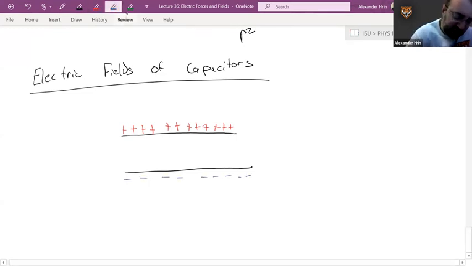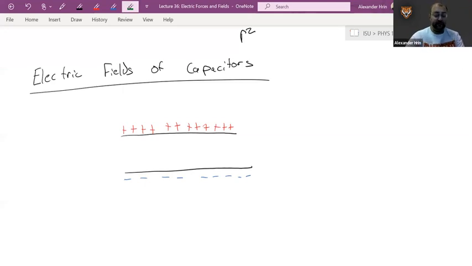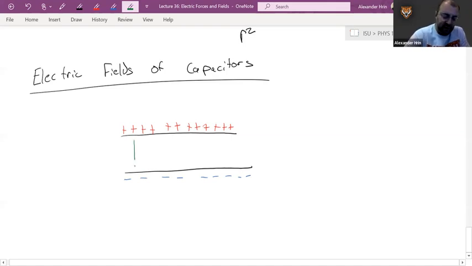And the idea is that we can know this. That's just kind of how capacitors work. How that gets there is going to be more of a topic for circuits. But given that we have a bunch of positive charge on the top and a bunch of negative charge on the bottom, we're going to have an electric field pointing from the top plate to the bottom plate.